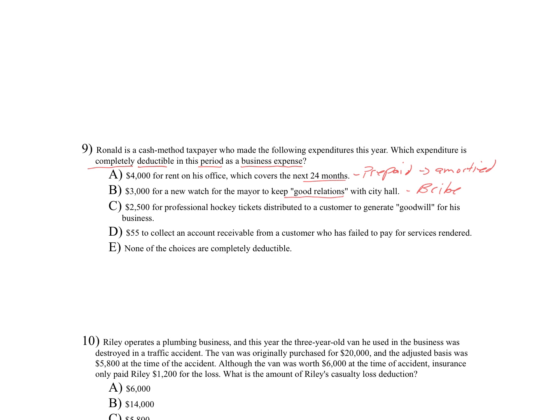We've got $2,500 professional hockey tickets distributed to a customer to generate goodwill for his business. Okay. We could look at C as either a gift or a bribe.